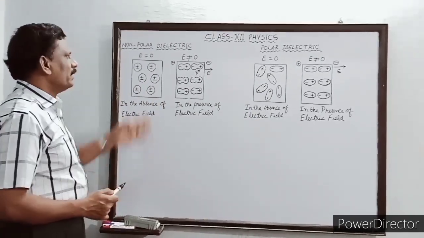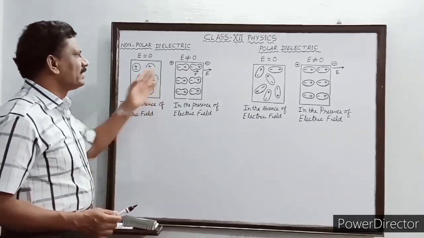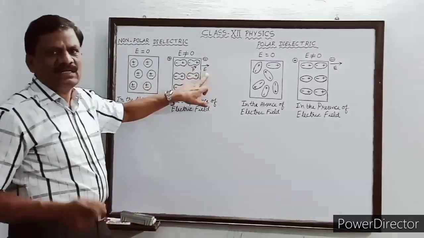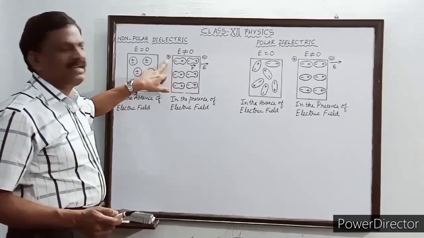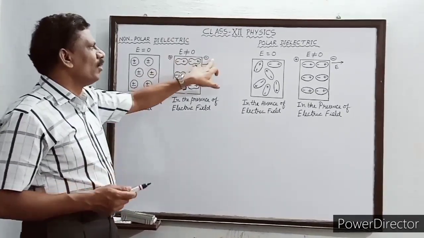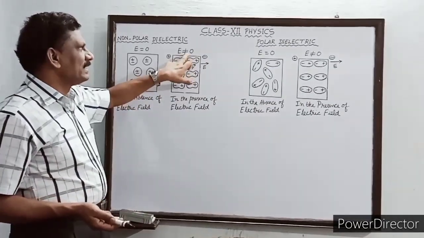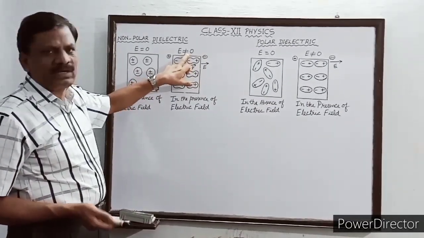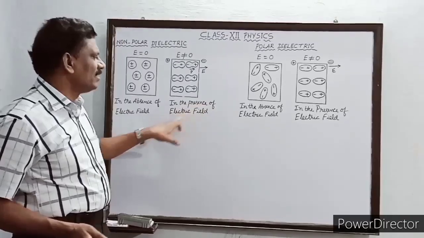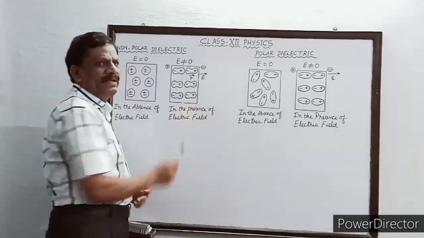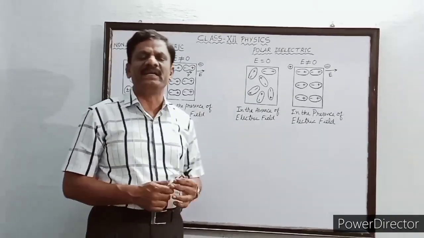But when the same dielectric slab is placed inside a uniform electric field E, such that the positive pole of the electric field is on the left and the negative pole is on the right, then in the presence of an electric field, that is E not equal to 0, each and every molecule will be disturbed by the external electric field.